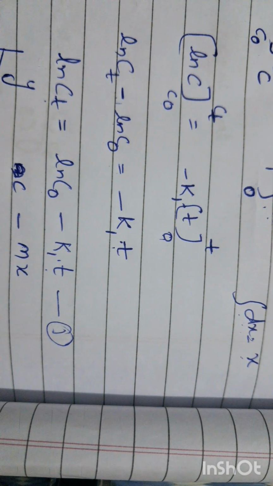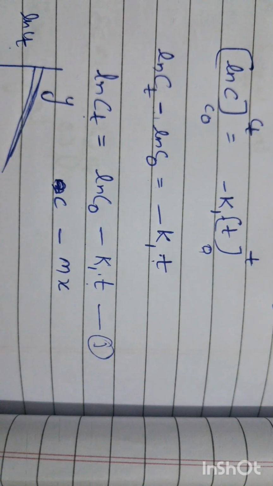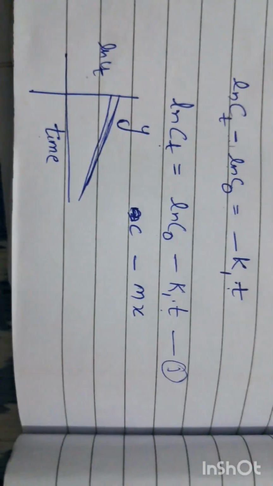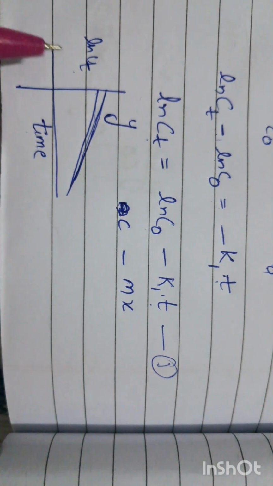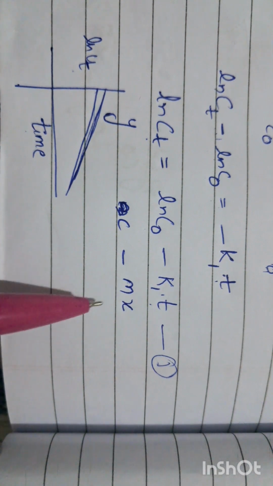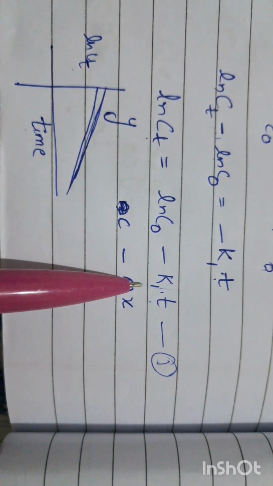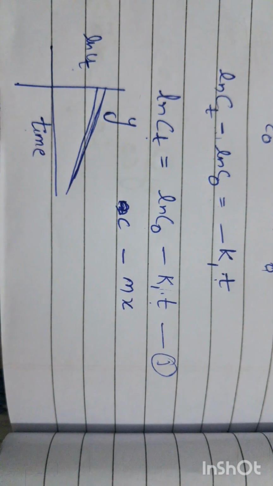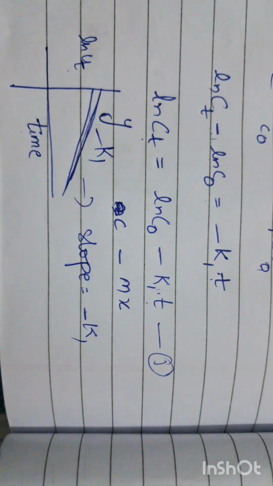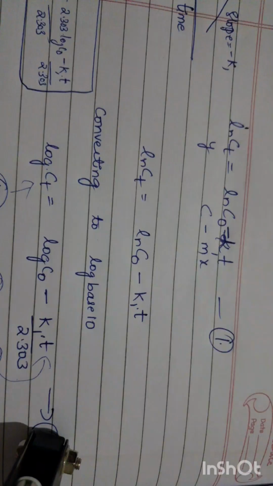In this form, when we plot a graph with time on the x-axis and ln of Ct on the y-axis, the slope will be minus K1.